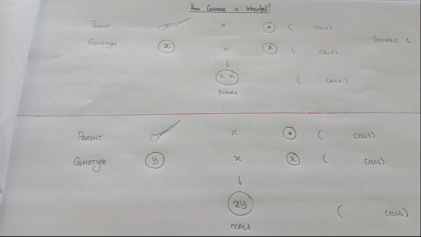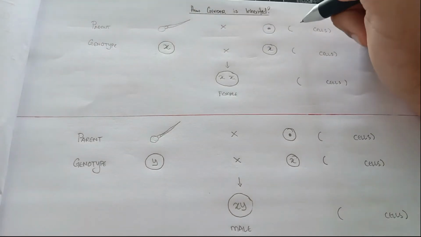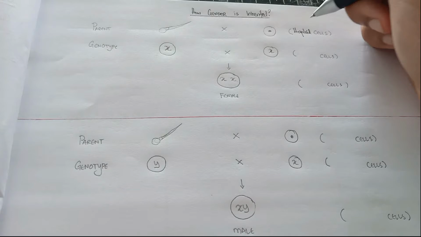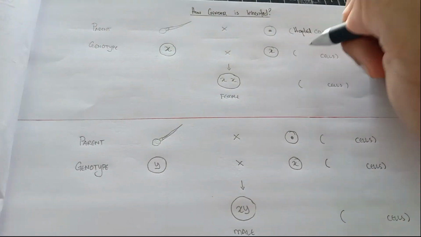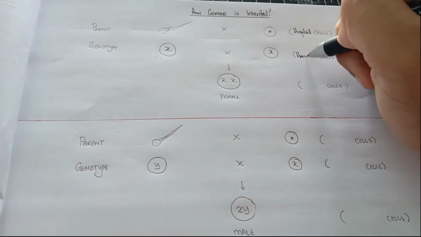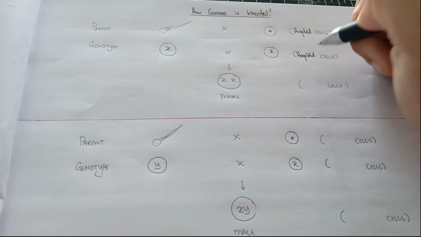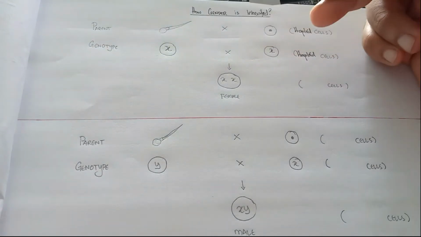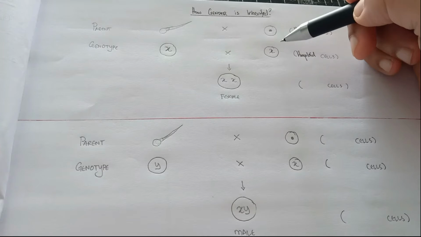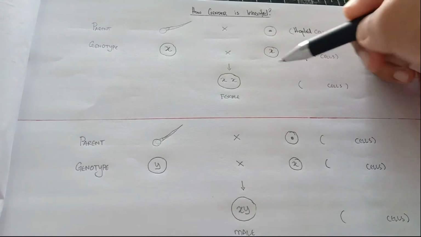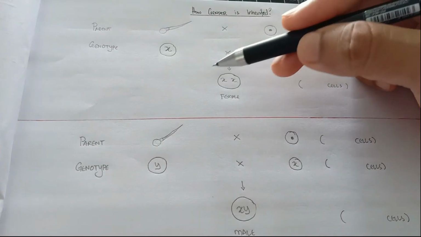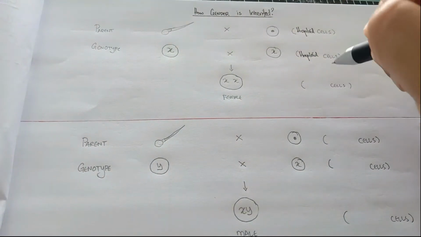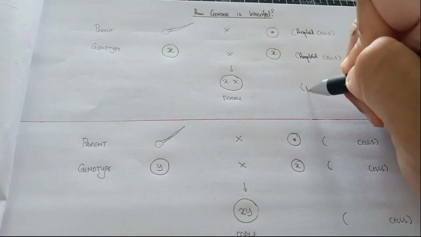The sperm and ovum are haploid cells because they contain only a single gene. In the first scenario, the sperm carries the X gene and the ovum also carries the X gene. So in the end, you'll have a female individual because the female has double X. This female individual is diploid.